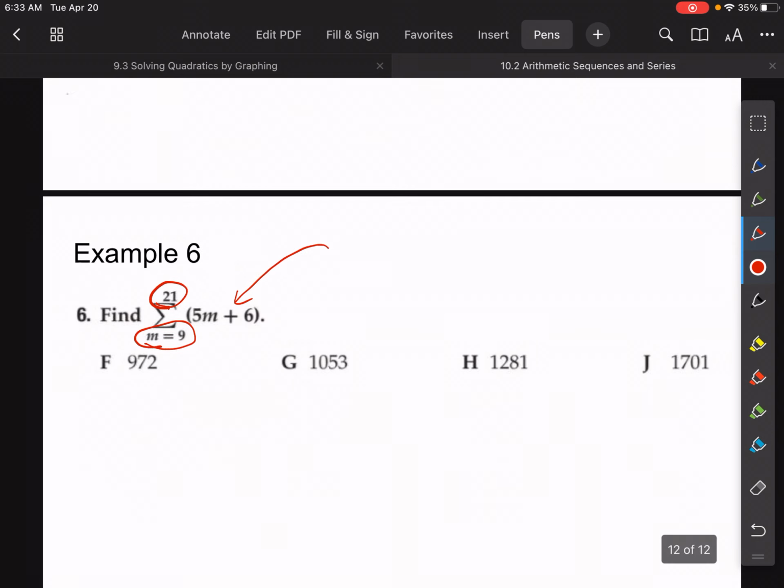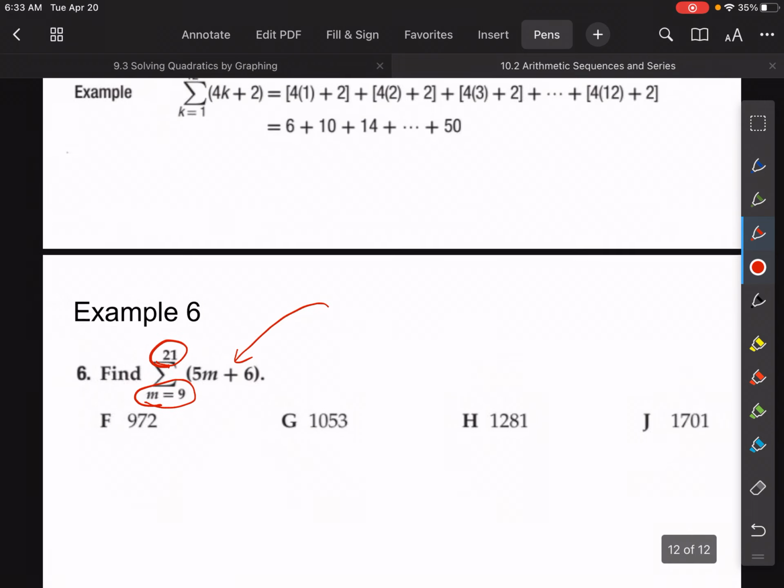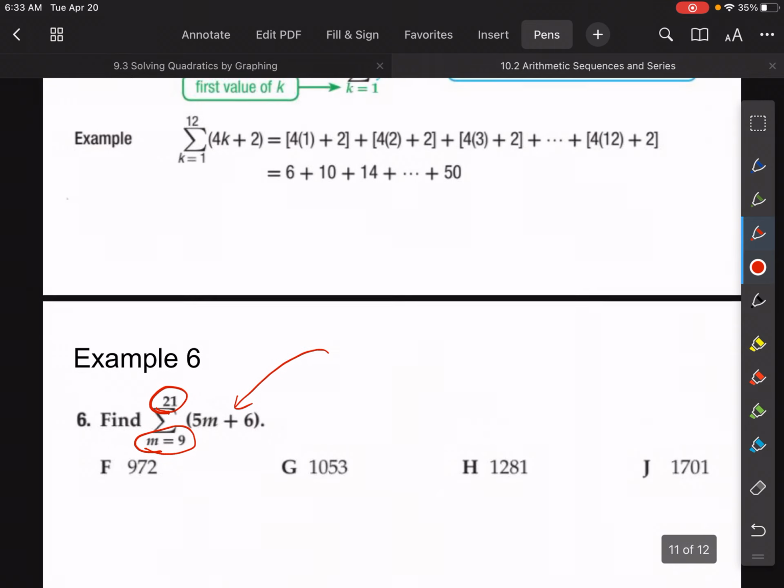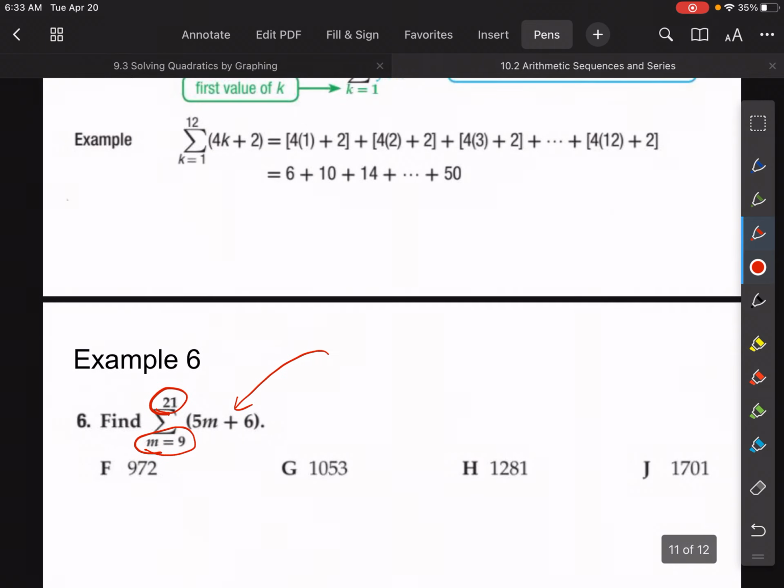So to find the sum between these, what this is saying is they want you to sum the 9th term to the 21st term. That's essentially what this is saying. So how many terms are we dealing with? That's what we've got to figure out. Most people would say, we take 21, we subtract 9, and that'll tell me how many terms we have.